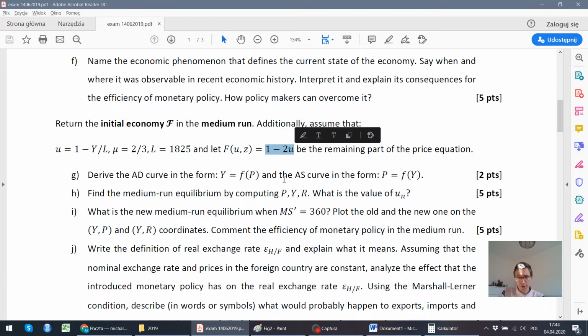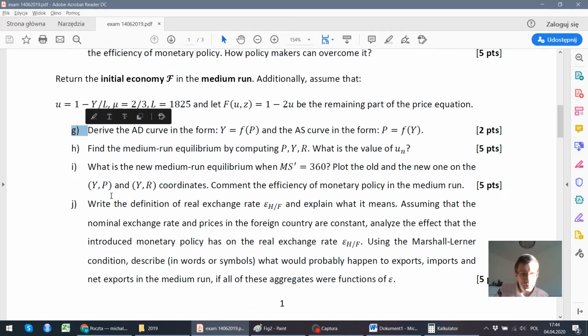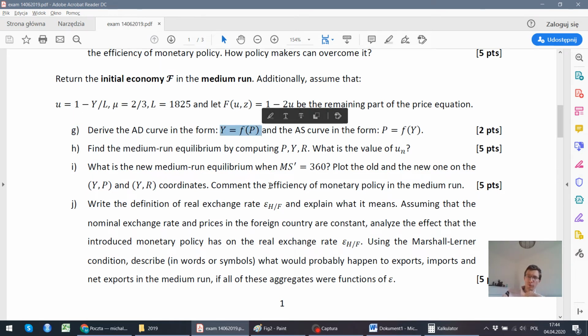We assume it's 1 minus 2u. And we have point G. We are asked to derive the AD curve in the form of y equal to a function of prices, and the AS curve in the form of prices equal to a function of output.